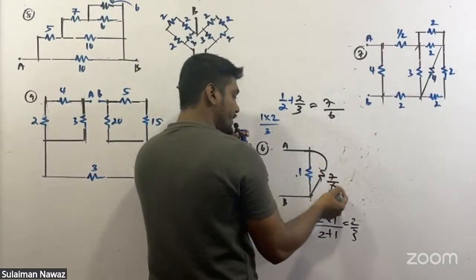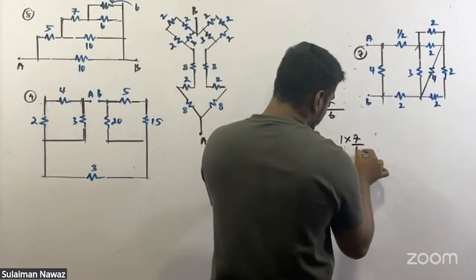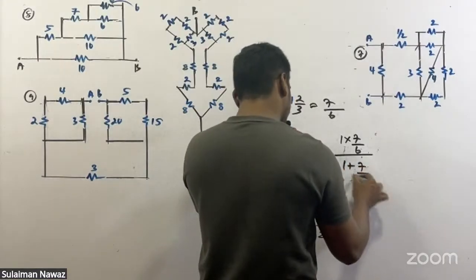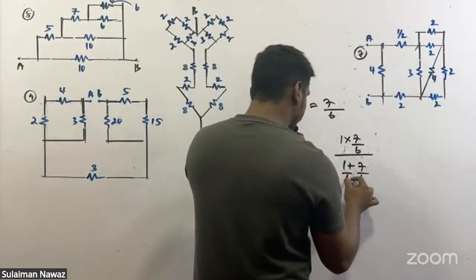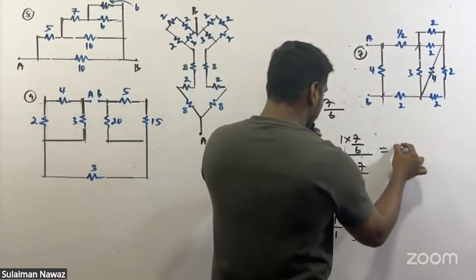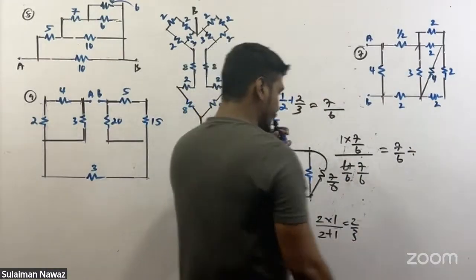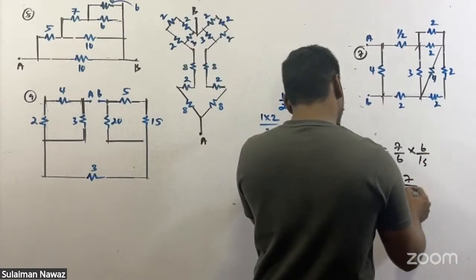Again, this 1 and 7 over 6 are in parallel. Then 1 into 7 over 6 over 1 plus 7 over 6. If you simplify, you get the answer. The answer is going to be 7 over 6 divided by 13 over 6. 7 over 13 is your answer.